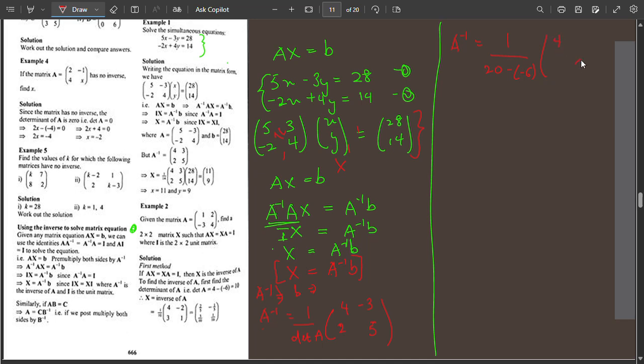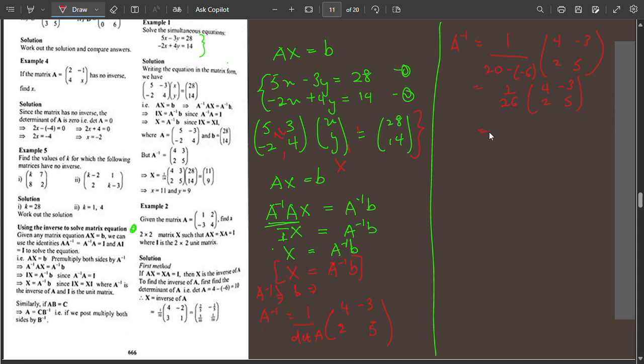Then 4, 5 minus 3. Perfect. We have 1 over 26 multiplying 4 minus 3, 2, 5. That's simple, right? So this is our inverse.